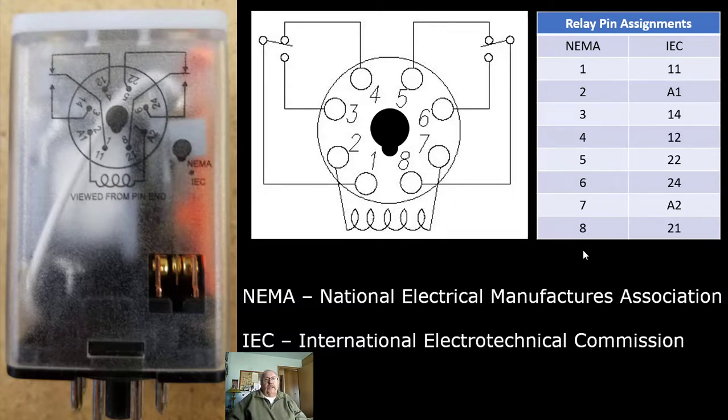It is primarily used in the United States. The IEC, which is the International Electrotechnical Commission, has a different set of numbers. Please don't ask me why. I don't know why they differed in numbers. It doesn't matter. You just have to know what numbers are associated with what function.